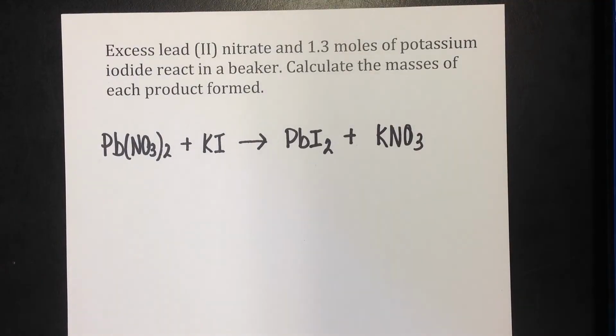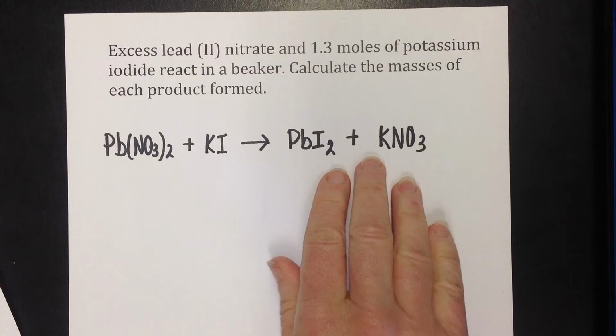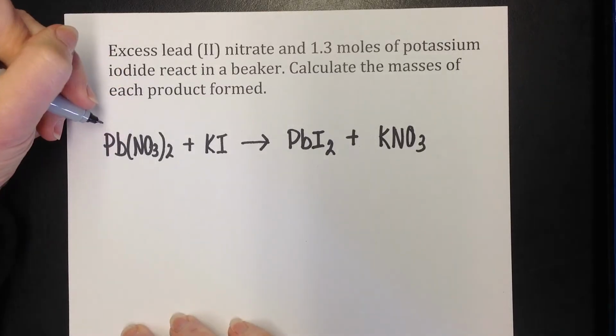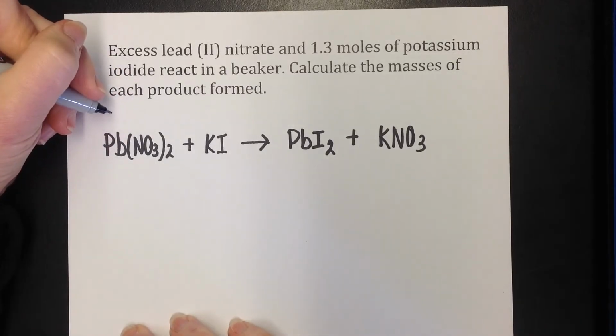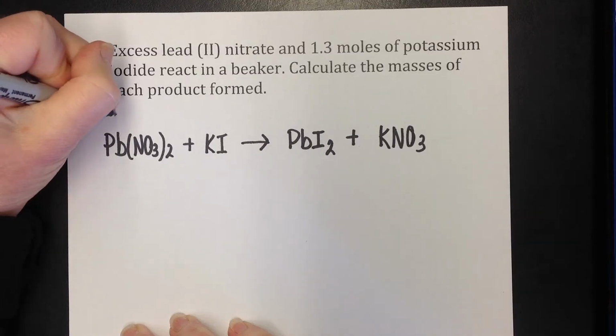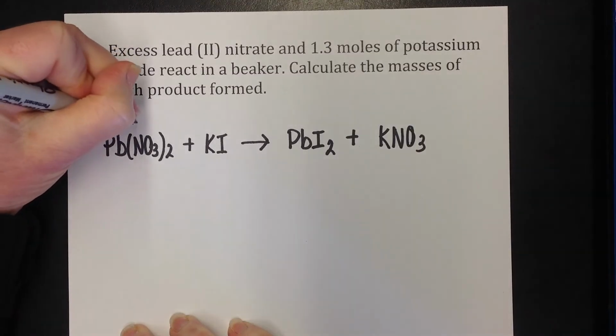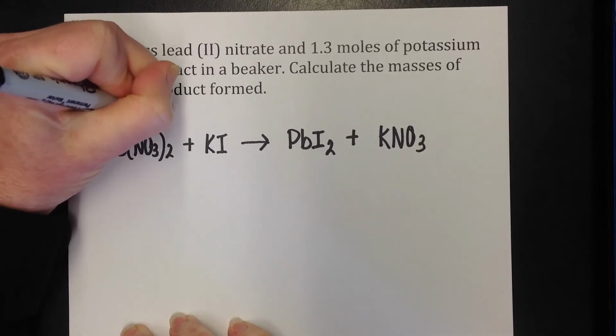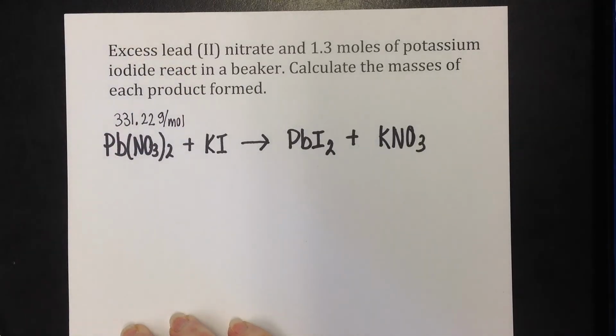Now, before I balance this, I'm going to go ahead and figure out all of my masses and jot those down. Again, that's not a necessary step, but I do think this is very helpful, especially for beginning students. So the mass of lead 2 nitrate, I've already figured that up, is 331.22 grams per mole. Just added all these masses together.